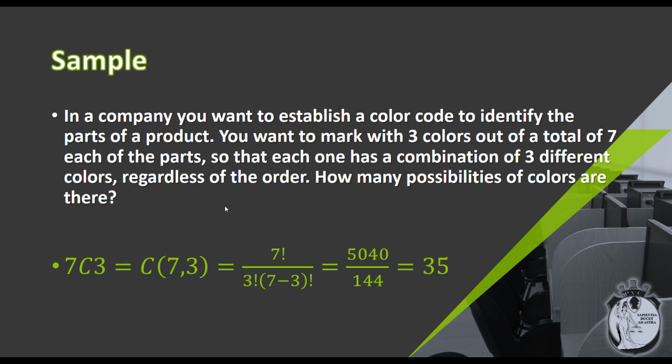Sample. For example, in a company, you want to establish a color code to identify the parts of a product. You will have 3 colors out of a total of 7. One color means a part of the factory.